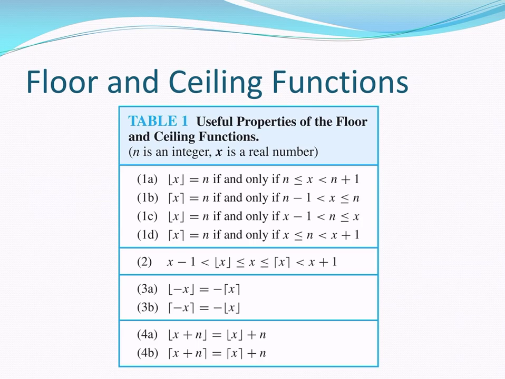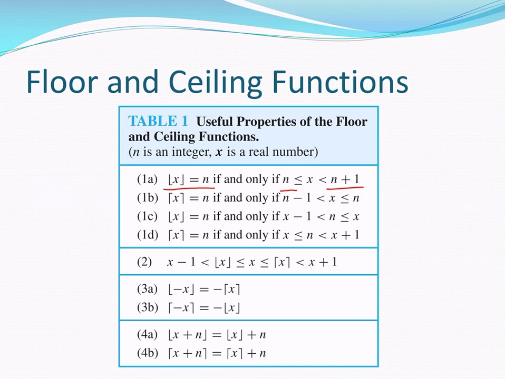Some important properties of the ceiling and floor functions. The floor function of x, a real number, is equal to n if and only if x is between n and n plus 1, inclusive of n.